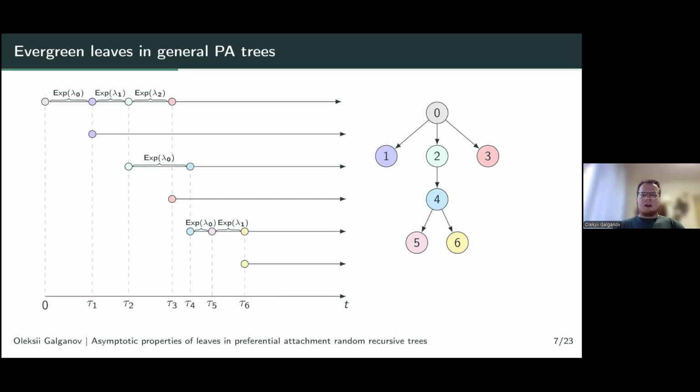Then we get the sixth individual, then 7th, 8th, 9th. So you can see that even though the waiting time of the first child of vertex 1 was exponential with parameter lambda 0, as for any other vertex, we still had to wait for some time to get its first child to be born.